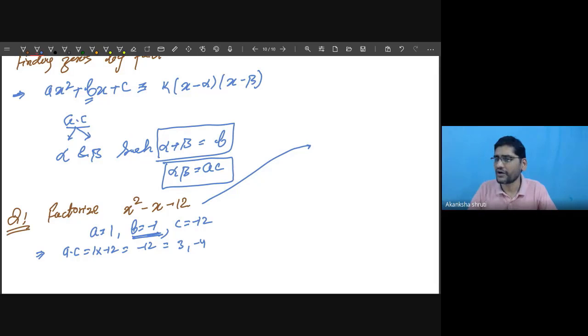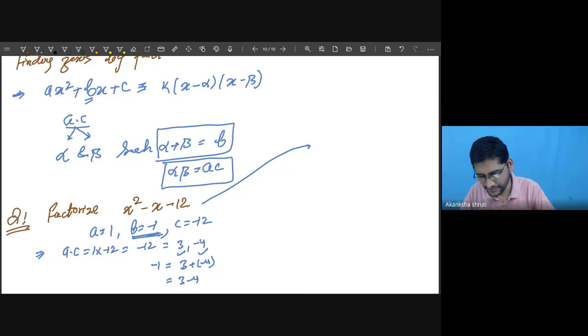If you reverse the order, that doesn't change anything, but if the sign is changed, the factor will change. So here minus 1 is equal to 3 plus minus 4, or directly we may write 3 minus 4.